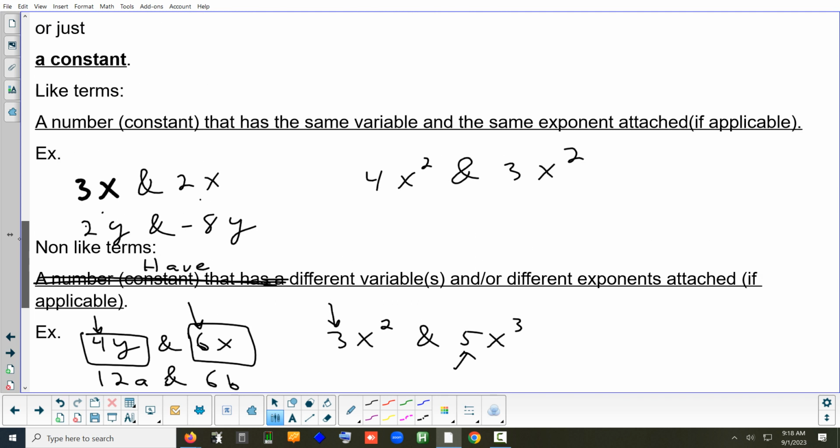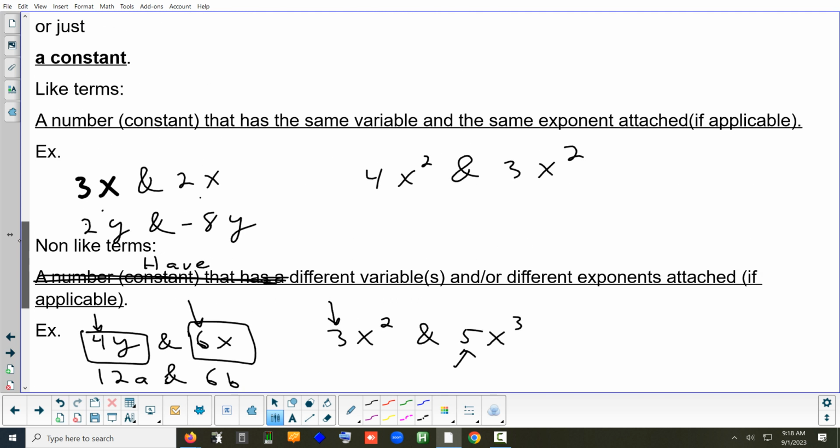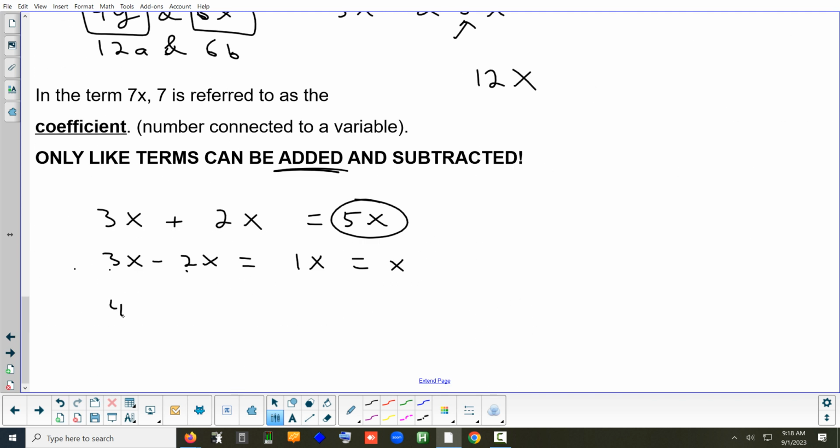Let's try 4x squared and 3x squared, and let's add them. First of all, can we add them? Are they like terms? Yeah, they are like terms, so they can be combined. Remember, you keep the letter with the exponent the same.